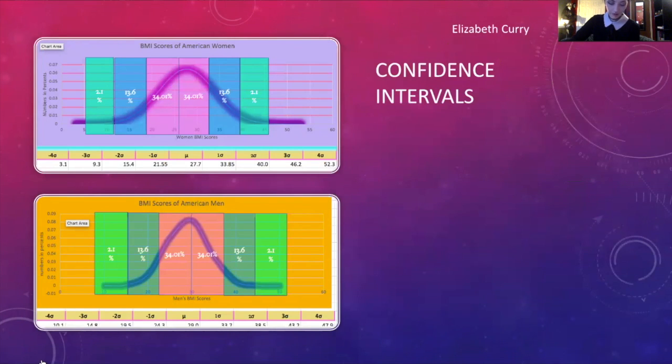The confidence intervals for women are 154 with a plus-minus symbol, 0.40, versus the men who have 0.195 with the plus-minus symbol, and then 0.385.